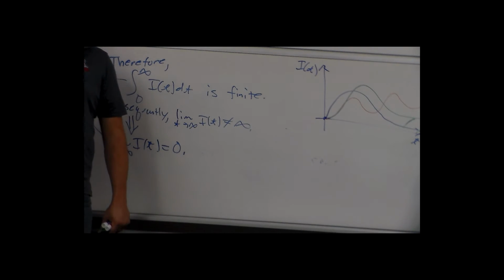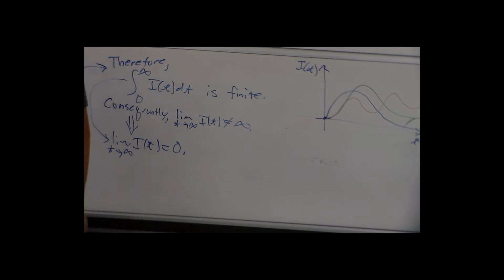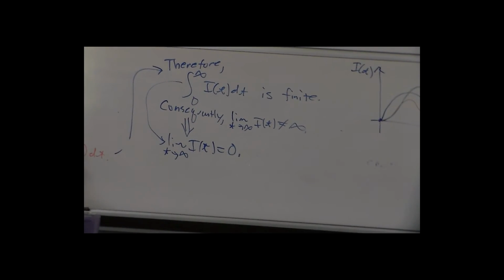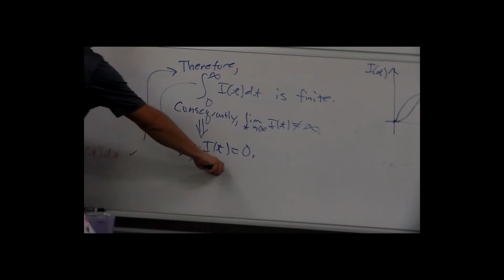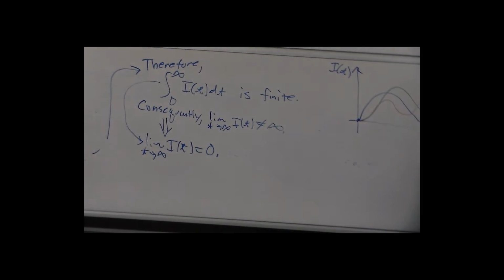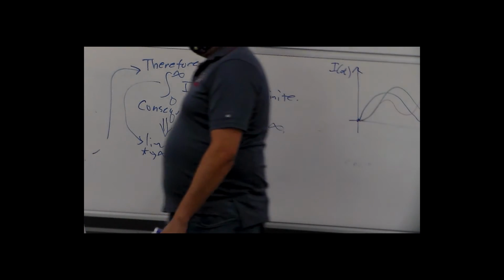So just because the areas have to go to 0 doesn't mean your function has to go to 0, but it does if you're uniformly continuous. But the intuition behind this is more important. This argument is very standard: I have some integral that is finite, so the limit of what's inside the integral has to be 0. This is the takeaway from this calculation. So this condition is always true.